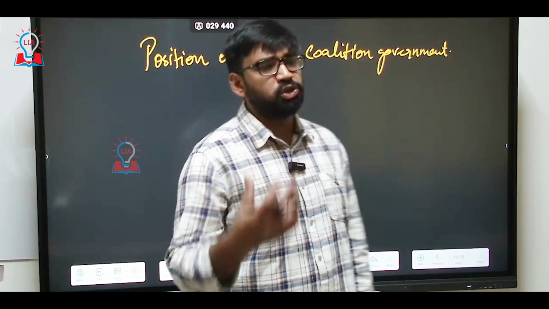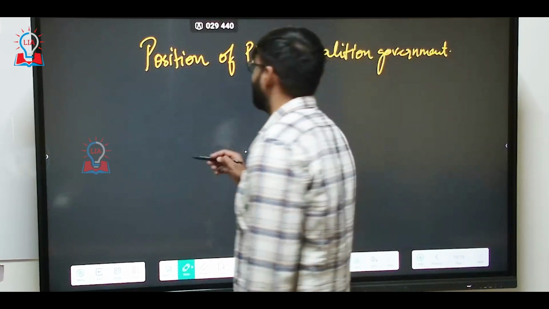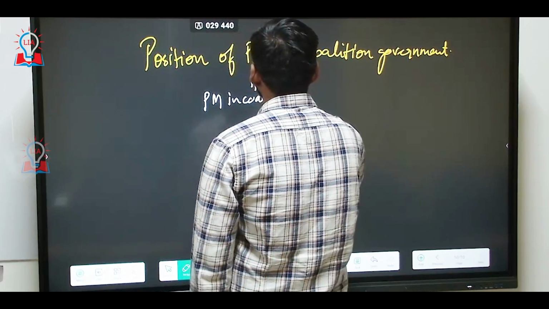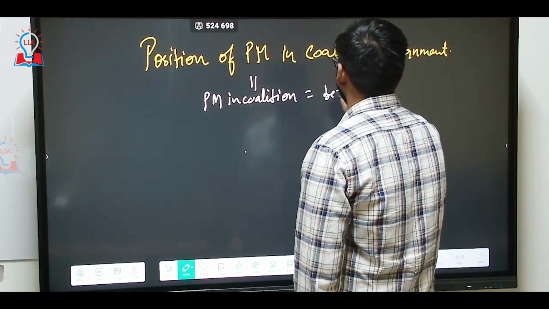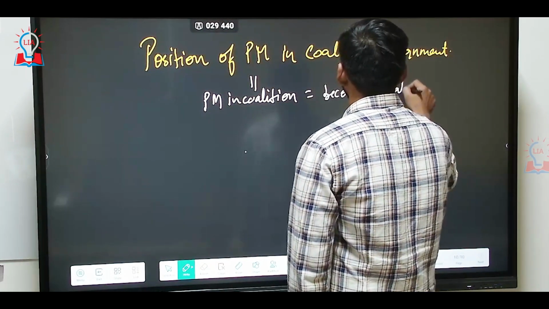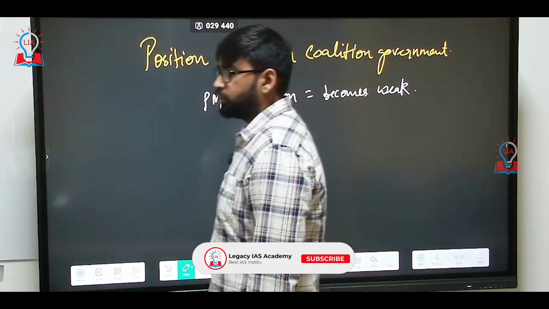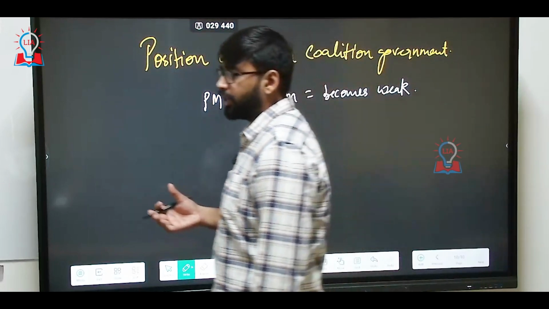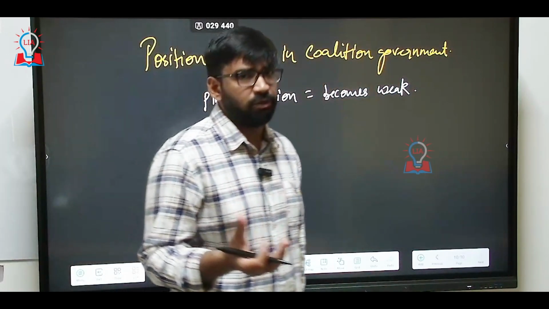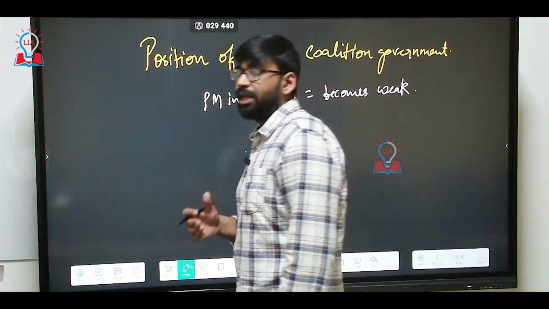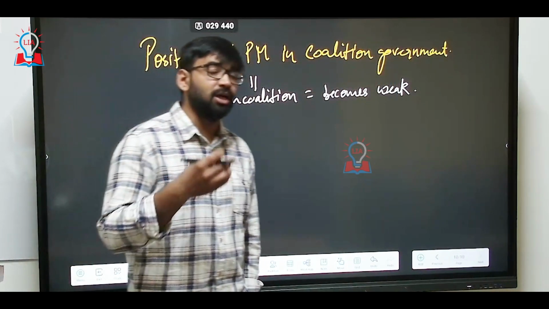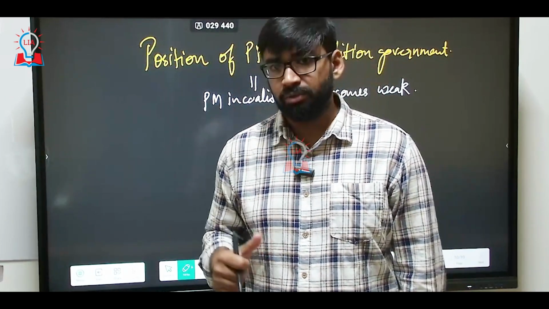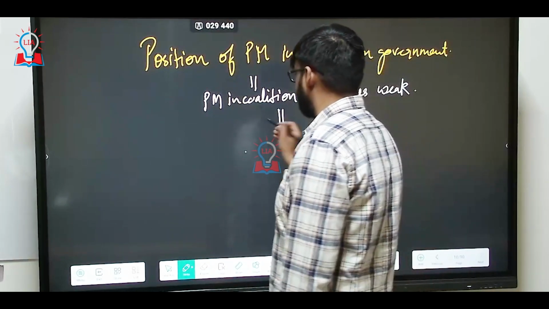So, however, the position of PM in coalition becomes weak. Clear? So it is not necessary that PM will always become weak. It depends on the personality of the PM also. If you see the personality of Atal Bihari Vajpayee, he could provide the leadership of coalition also. He managed a 23-party coalition. So it basically depends on the personality of PM.